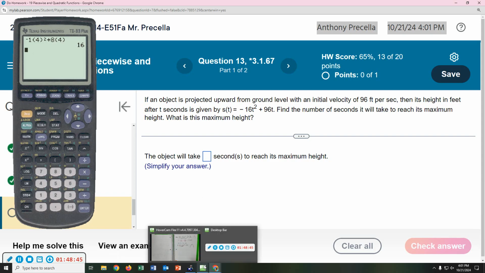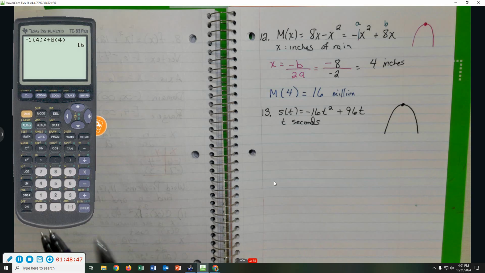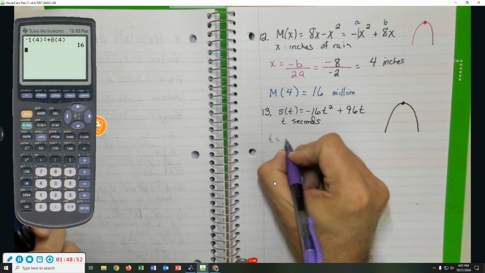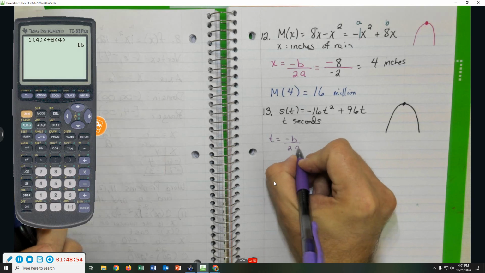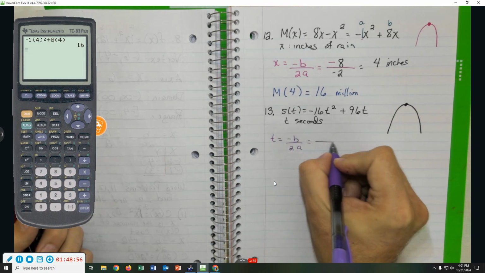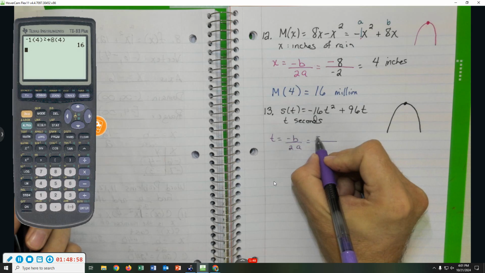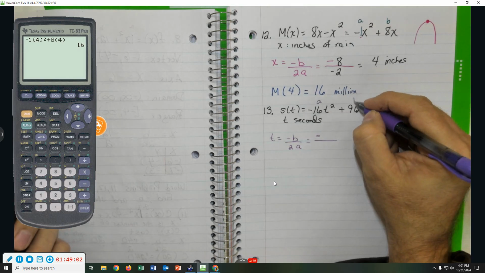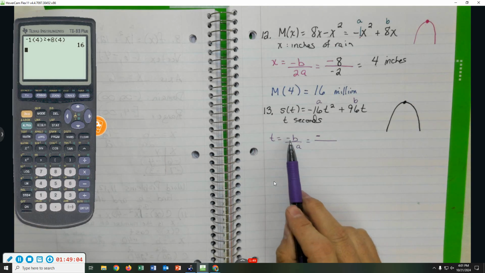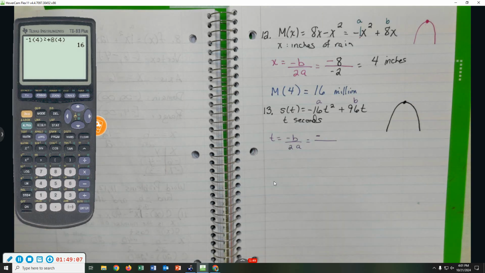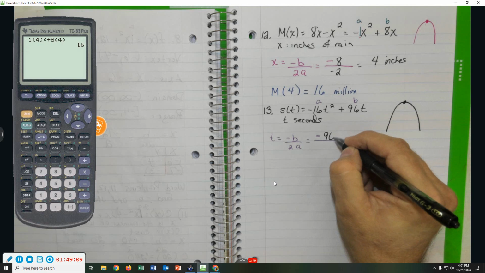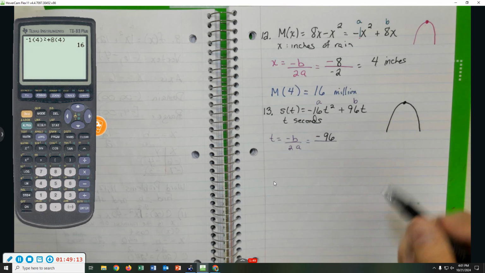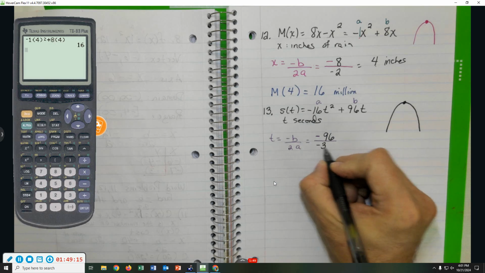Did he write down the function? Yes. Okay, so now minus b over 2a. Remember, it's t equals minus b over 2a, not x equals, for this problem. Minus b over 2 times a. 2 times negative 16 is negative 32.